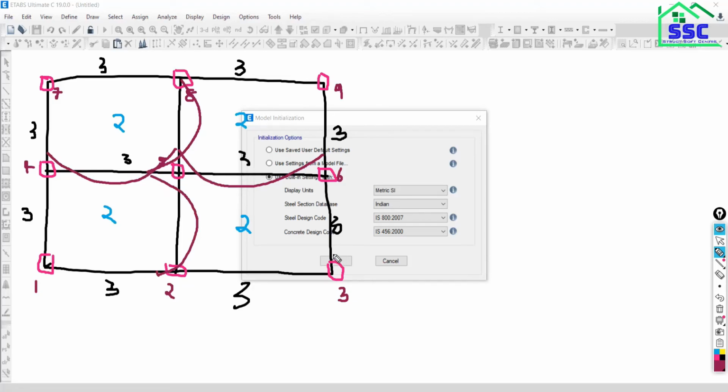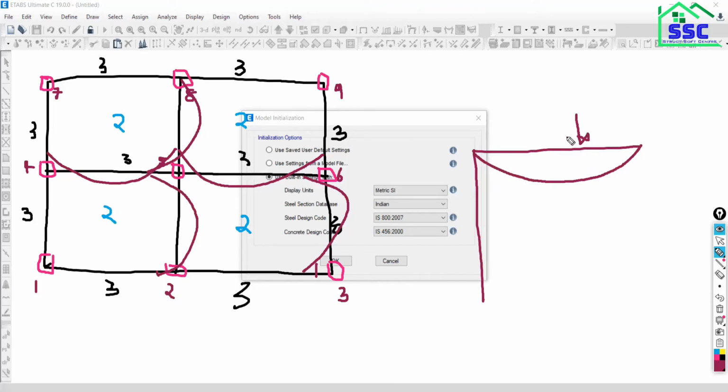But now, from this side the moment will generate. From here a negative moment will generate. So what will happen, your column is actually there and one beam is there. I will discuss this point later in detail. So due to the action of the loading, this beam is going to deflect. Am I right or wrong?